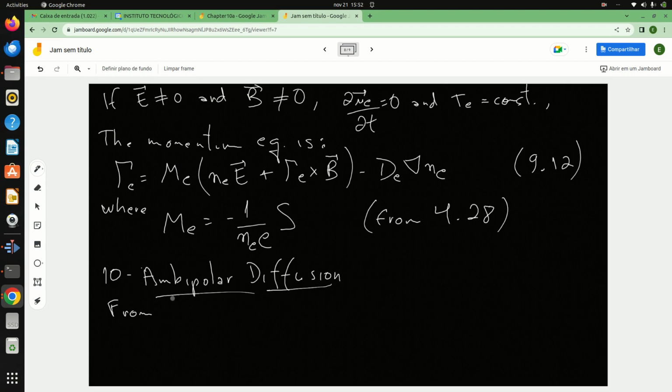From 8.15, we have this equal to minus D E gradient of this, and D E, we know it's this expression.